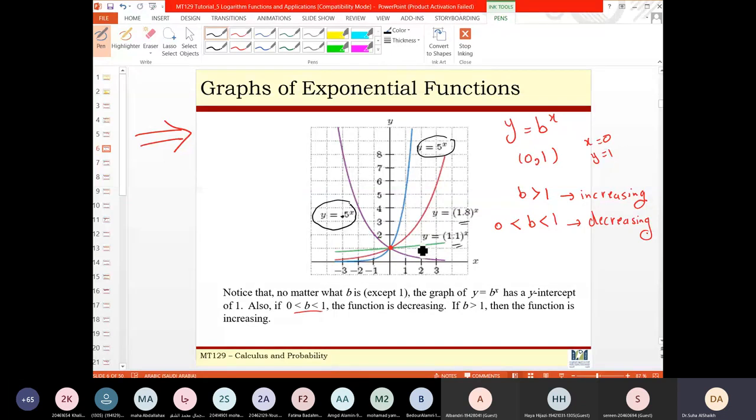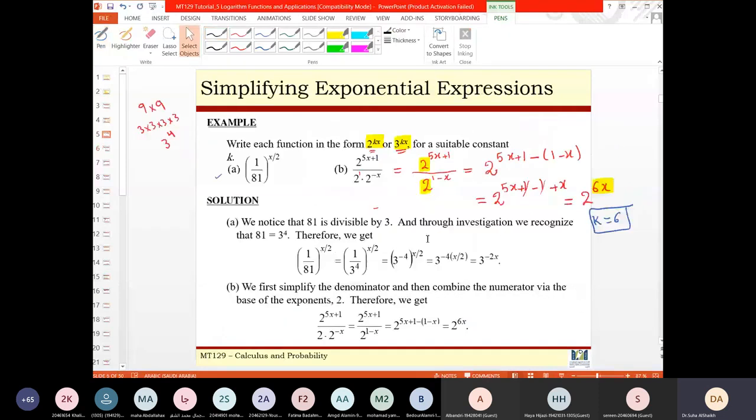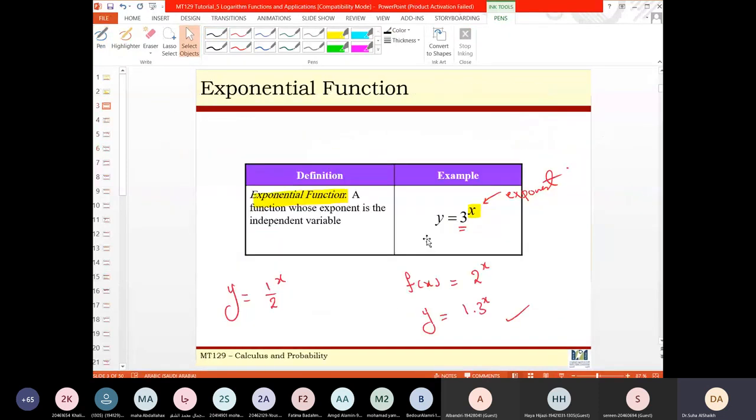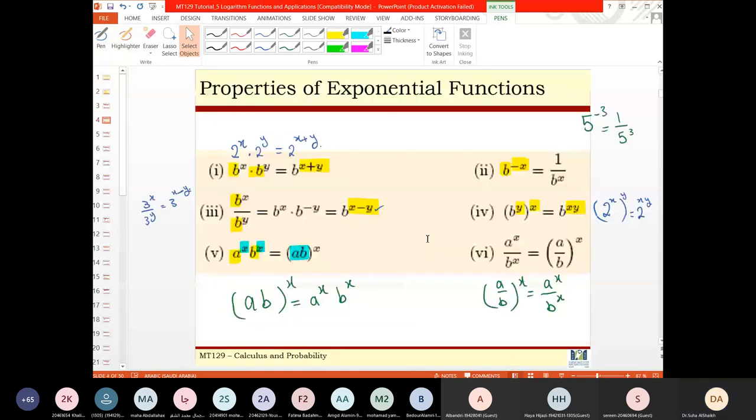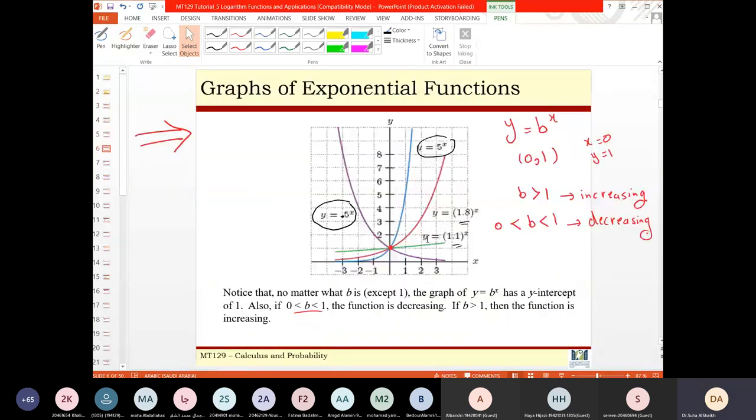The b is greater than 0. لا, يا ما تجي b بالسالب. Let's go back to the definition. It cannot be negative.